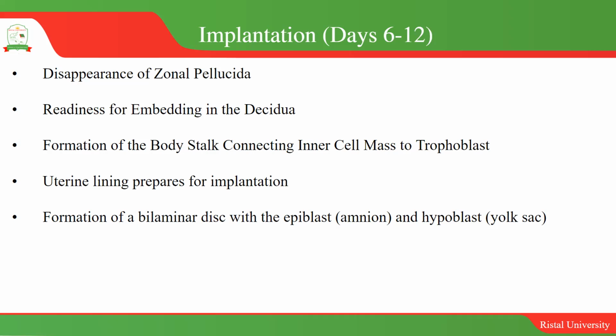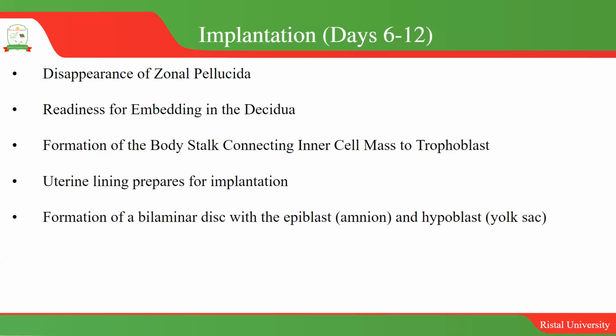And then you will have the inner cell mass, the formation of the body stalk connecting the inner cell mass to the trophoblast, and then, of course, the changes in the endometrium facilitate the implantation to take place.